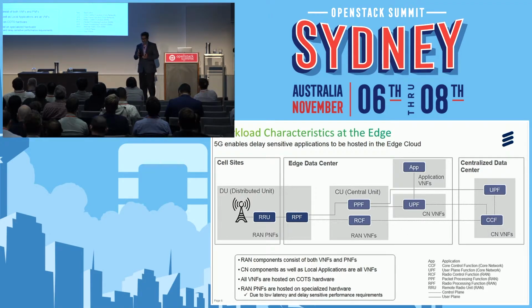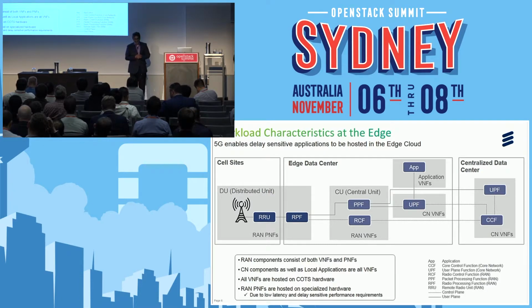In this use case, what we're showing is that the control plane and the user plane of the central unit, which is the disaggregated part from today's eNodeB, if you speak the 5G term, goes into the edge data center, and then you can run any applications, such as breakout sessions or any other application running on that edge network.